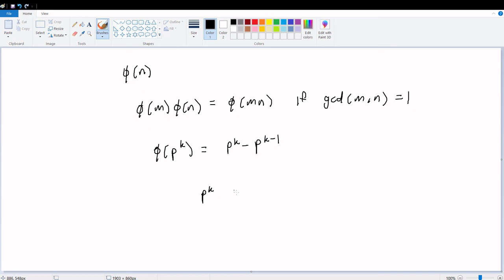And if we want to find all of the numbers that are not relatively prime to p to the k, i.e. any multiple of p, then all we have to do is divide p to the k by p, which is p to the k minus 1. And we just have to subtract these multiples of p from this set of p to the k integers, and that is how we get this expression. So now that we know this, we can find phi of any positive integer that we want.